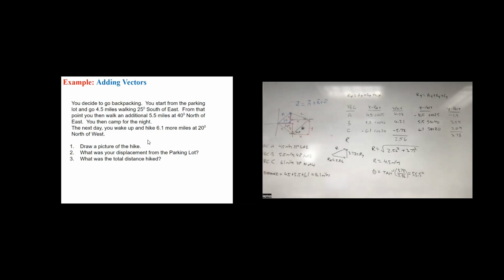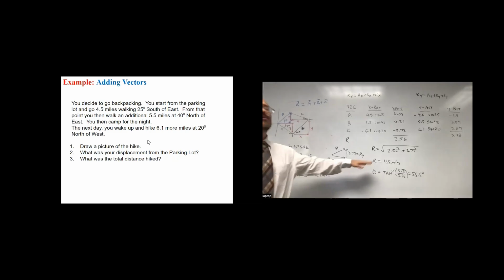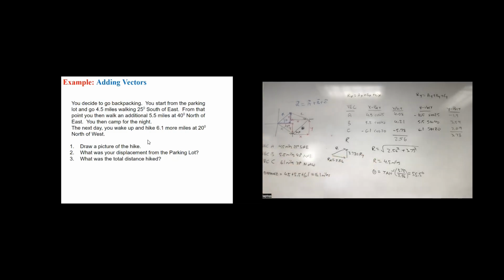So displacement is a vector, distance is just a number. Because if you told me you hiked 16 miles, and I said, oh no, you only hiked 4 miles, you'd be like, no, my legs told me I just hiked 16. So there'd be a difference. Is everyone good with the strategy? We make a sketch, break it into X's and Y's, add them up, and come up with the displacement.